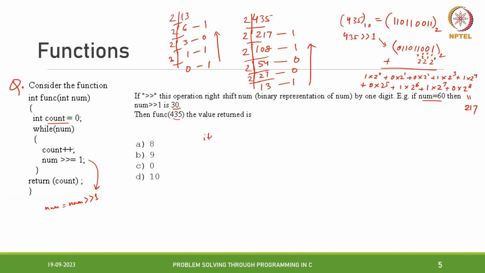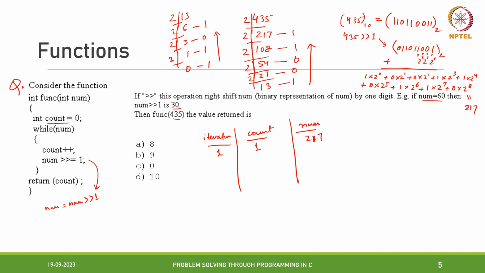So I'll write the iteration here, the count value here, and the num value here. So iteration 1: what happens in iteration 1? Count becomes 1, right? Count was 0 earlier. Num was 435, num became 217.